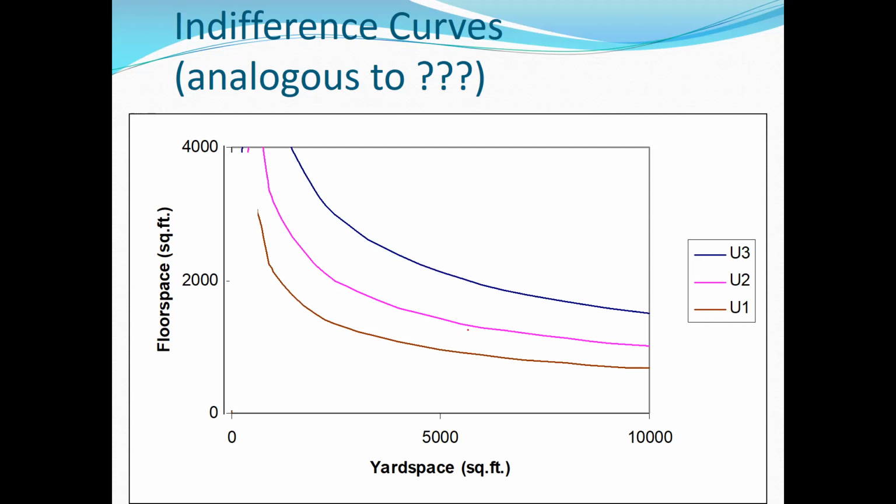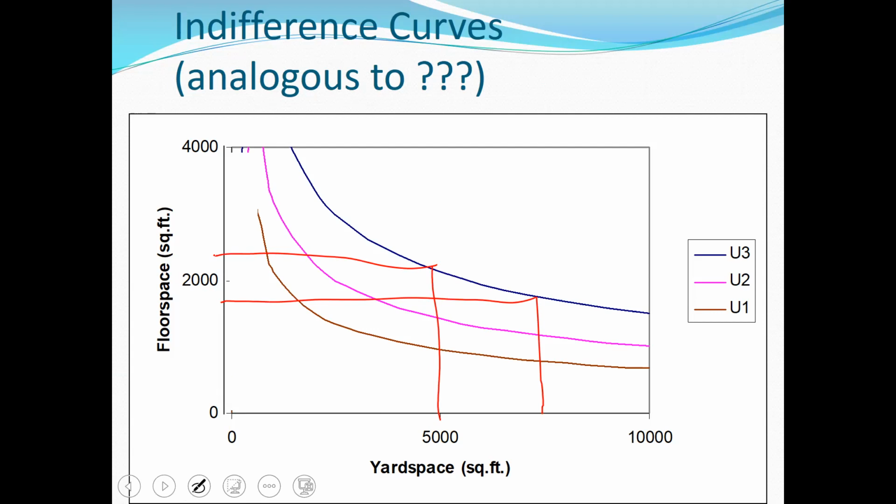It means along these curves, people value a house of about 1,800 square feet with about 7,500 square feet of yard space the same as a house with 5,000 square feet of yard space and 2,200 square feet of floor space.